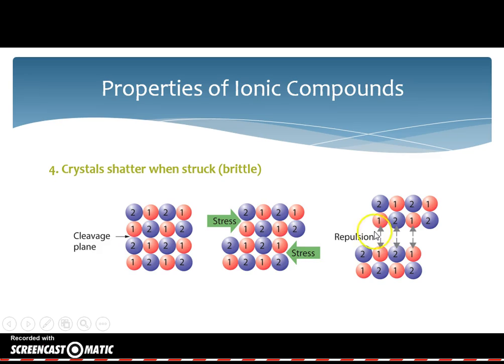That breaks them apart. This is what causes them to shatter and break into a bunch of pieces. We also call that brittle, instead of just bending. As soon as we start moving the structure around, we can get repulsion, and that's going to break the structure.